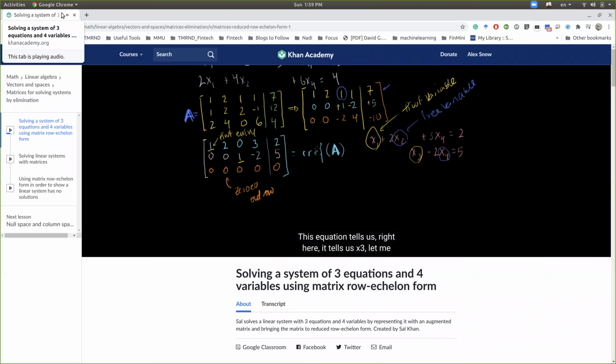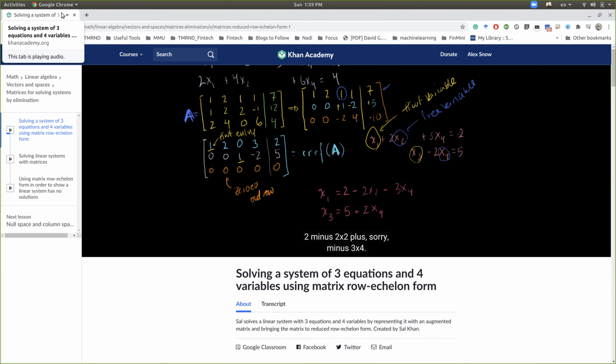So this equation tells us x3 is equal to 5 plus 2x4, and then we get x1 is equal to 2 minus 2x2 minus 3x4.